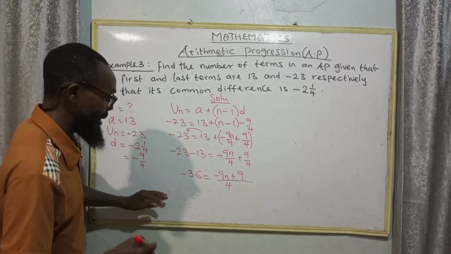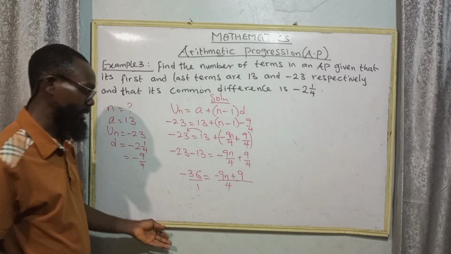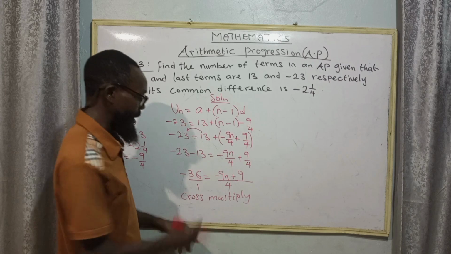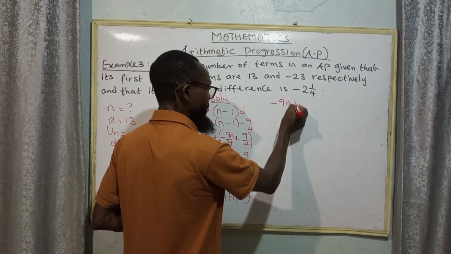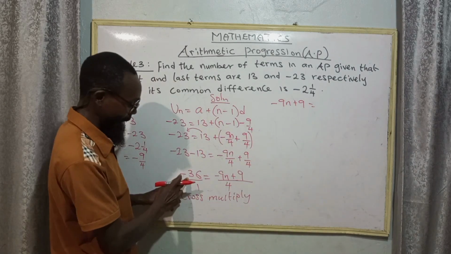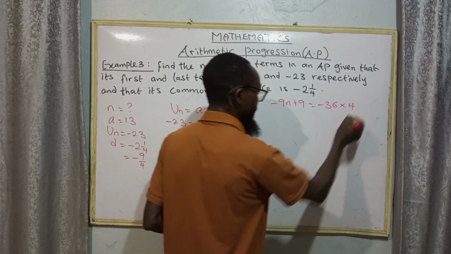So from here, let me say over 1. From here, I can cross multiply. When you cross multiply, I'm going to have minus 9n plus 9 equals minus 36 multiplied by 4.